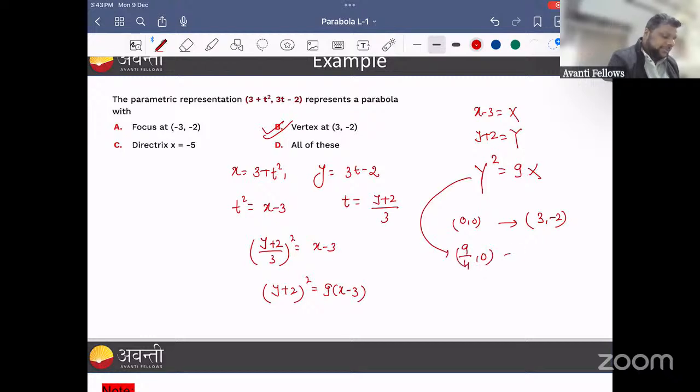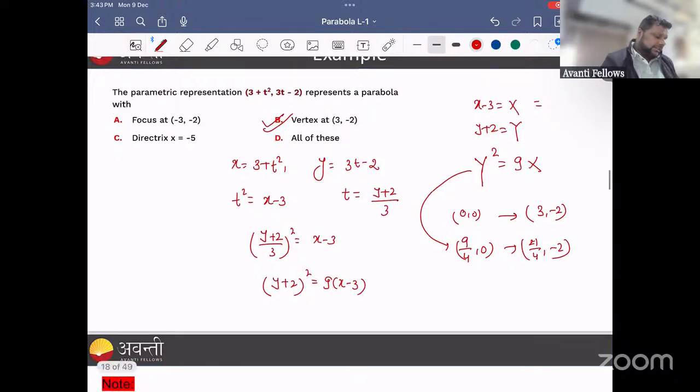So if I put capital X as 9 by 4, small x will be 3 plus 9 by 4, that is 21 by 4. And capital Y is going to be minus 2. So this option does not match. Similarly, we can find the equation of the directrix. Got it?